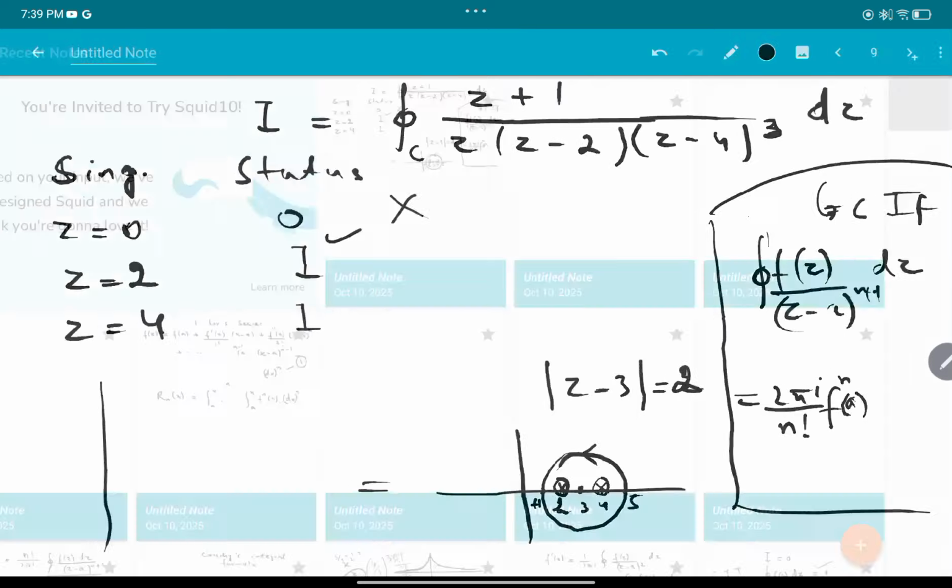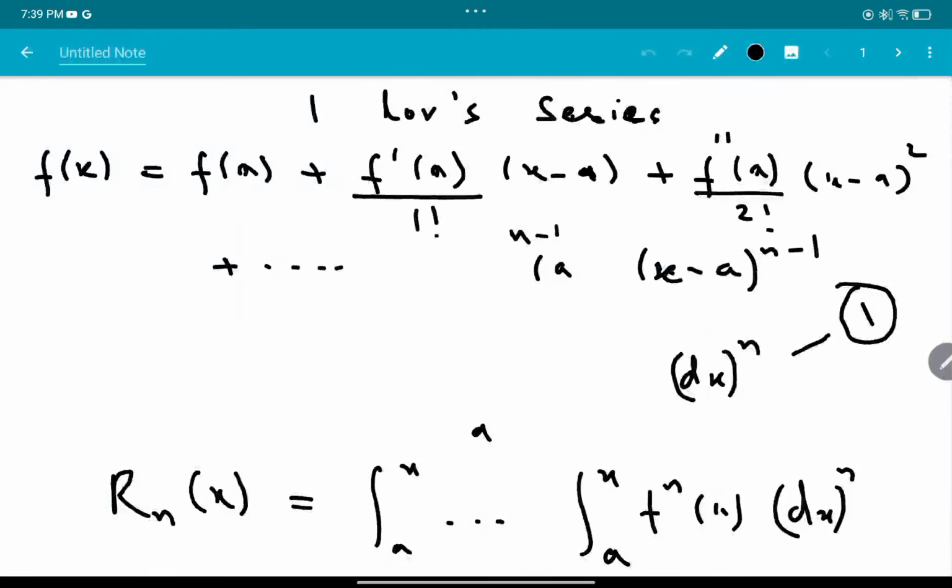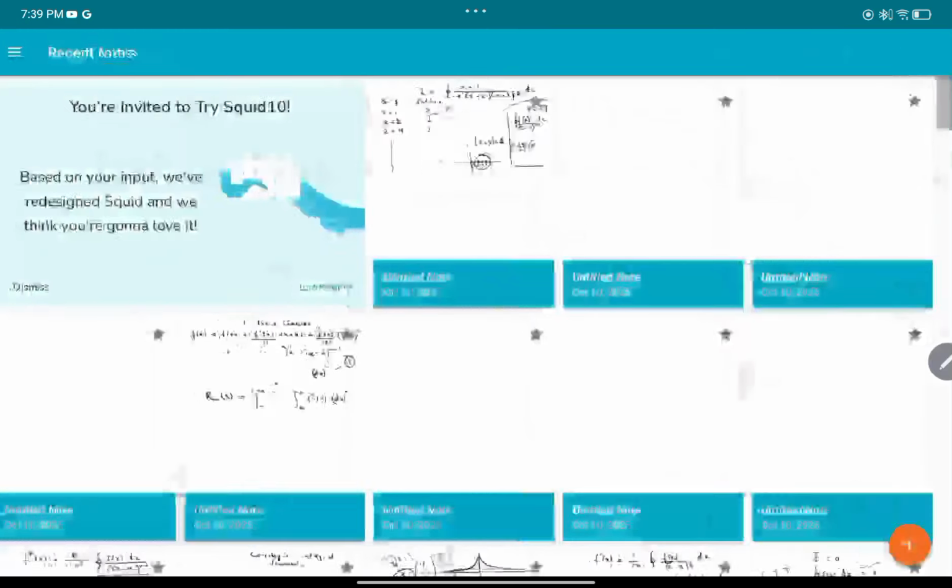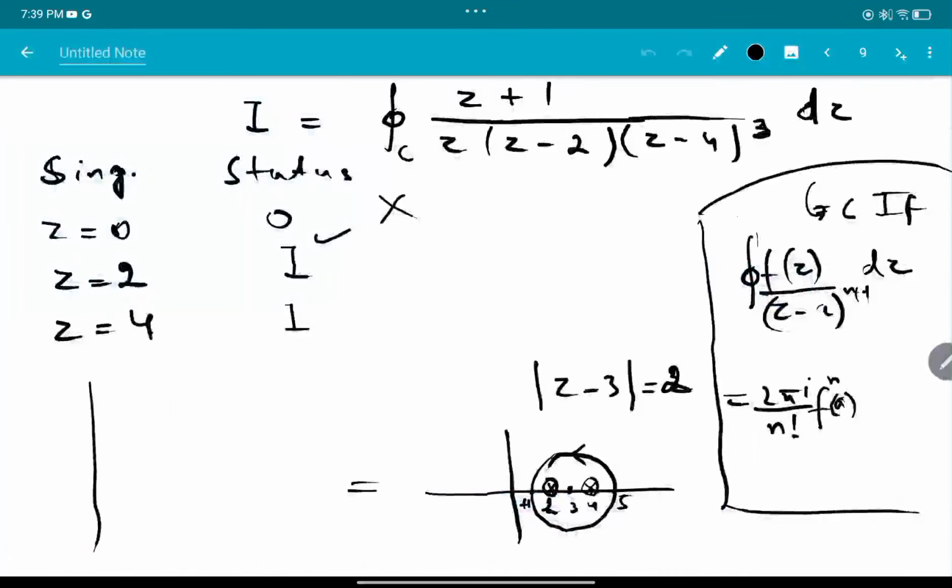My strategy will be to enclose the singularity at 2 with a separate circular path, that is C1. Then I consider 4 and enclose it with a separate path C2.